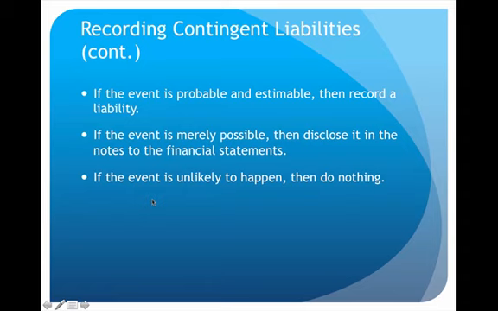We think there's almost no chance that anything's going to happen. We would just do nothing, and if it's somewhere in between, we would at least put it in the notes to the financial statements. But then again, like I said before, it is based upon opinion, and just because you think it's a frivolous lawsuit and you're not likely to lose, you could be in for a huge surprise. So all this is somewhat opinion based, but this is how we would record our contingent liabilities.